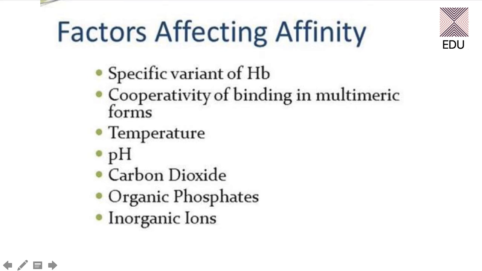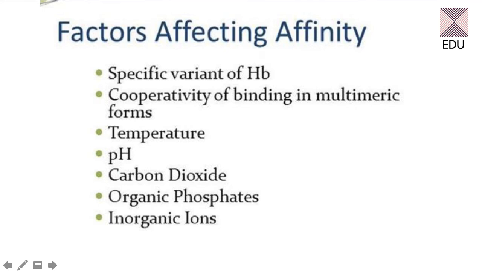As we are more concerned with oxygen transport, if the partial pressure of carbon dioxide is high, then there will be a lower affinity of hemoglobin towards oxygen. If the partial pressure of carbon dioxide is low, there will be a higher affinity of the pigment towards oxygen.